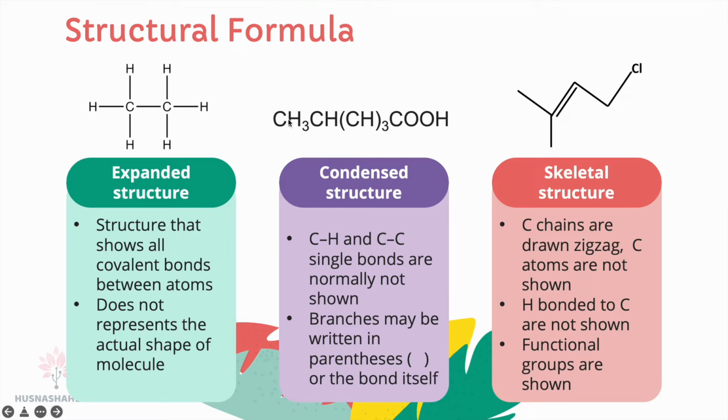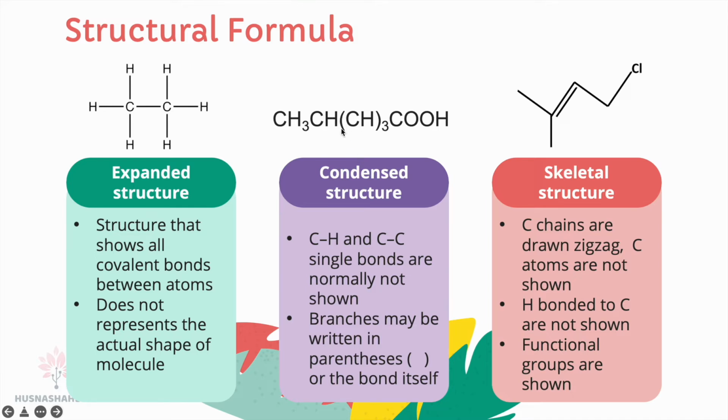The CH3 is actually bonded like this, carbon on the left, CH3. But in condensed structure, the C and H bond is not shown. And then this C has 1 single bond with H. The C also has 1 single bond with the C on the left.